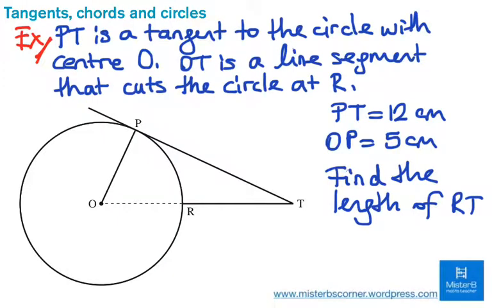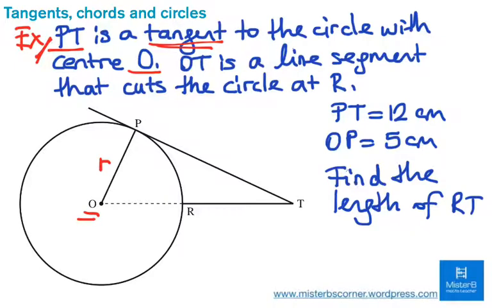Let's look at this example. Here it says PT is a tangent to the circle with center O. So there are two pieces of information here. One, PT is a tangent. Two, the center is O. If the center is O, then OP is the radius.